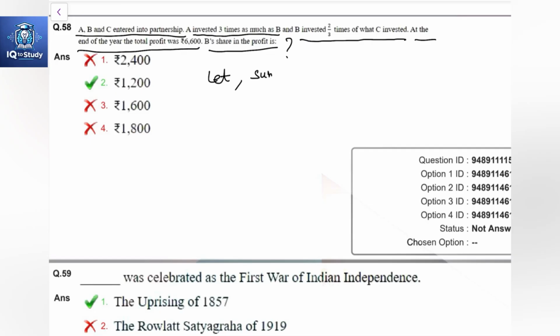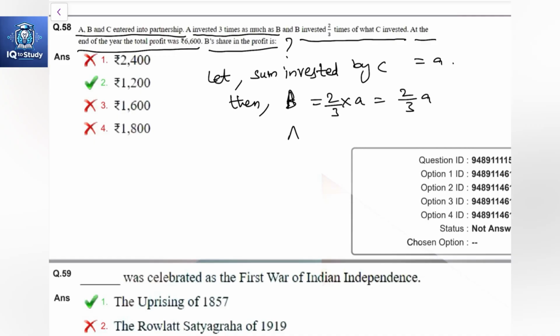Let the sum invested by C be A. Then, according to the question, B invested 2/3 times of C, so it becomes 2/3A. And A is 3 times as much as B. So, 3 into 2/3A, which becomes 2A.